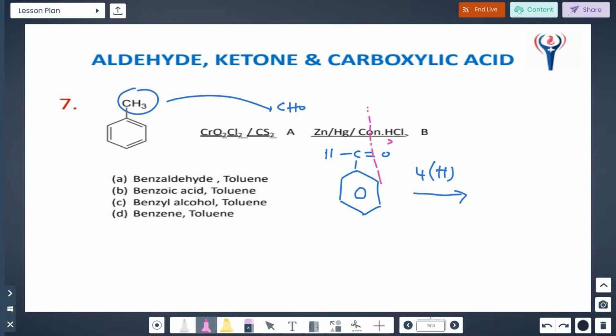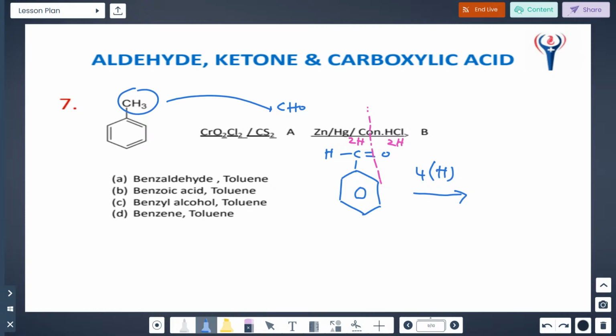Very simple. 2 hydrogens here, 2 hydrogens here. Understood? So this will form a water molecule. Then who is remaining? Here, this side, benzene plus CH3.